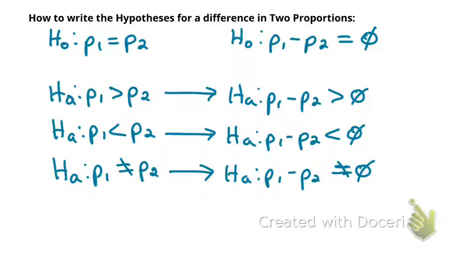These are always p's, not p-hats. And you could write them either way. These are equivalent. It doesn't matter which way you write it. I just want to caution you guys on your multiple choice stuff. You could see them either way, so you might want to just get comfortable seeing both of these ways.